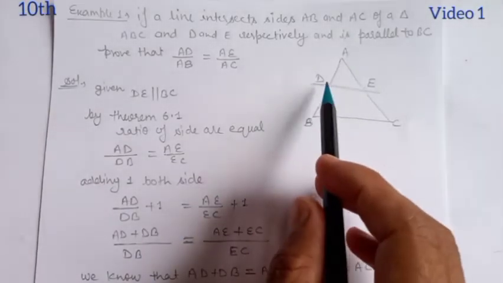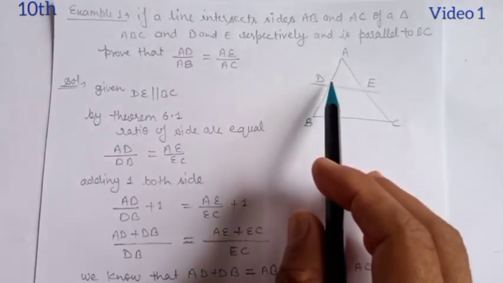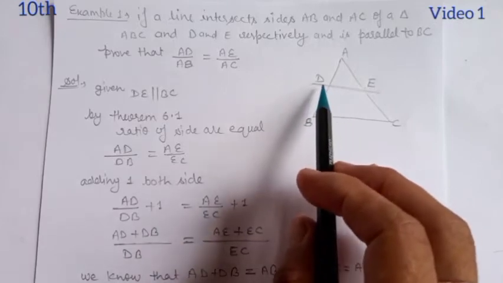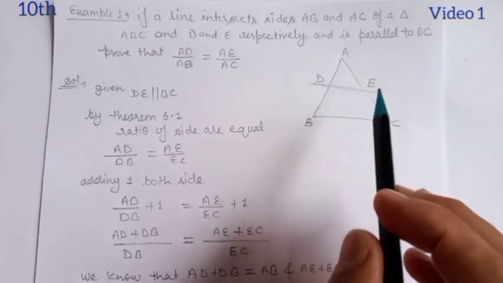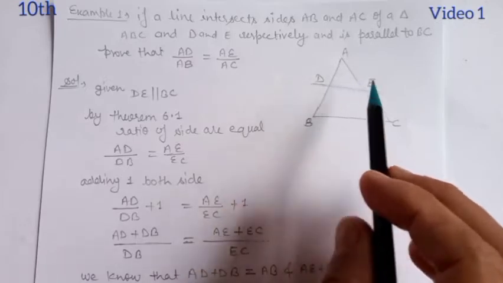What is given? We are given DE is parallel to BC. By theorem 6.1, if a line is parallel to one side of a triangle and intersects the other two sides, then the ratio of the sides is equal.